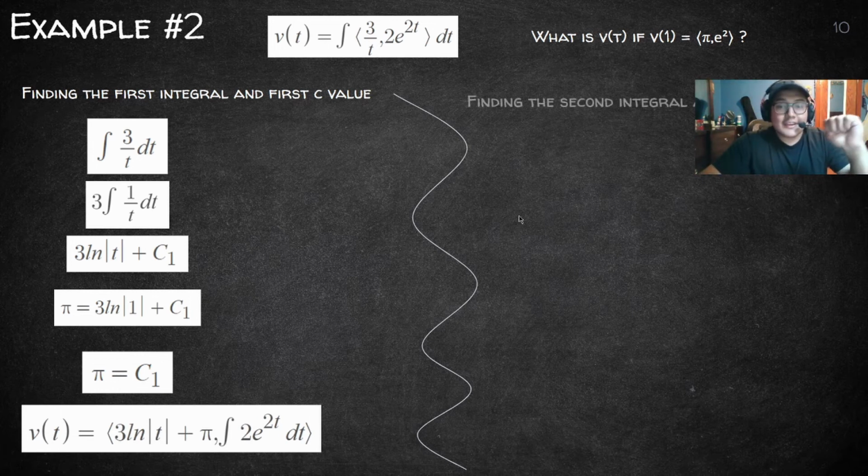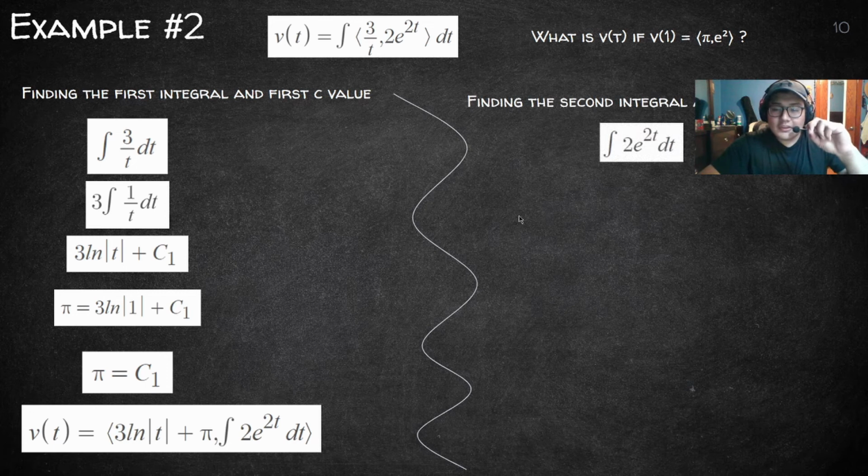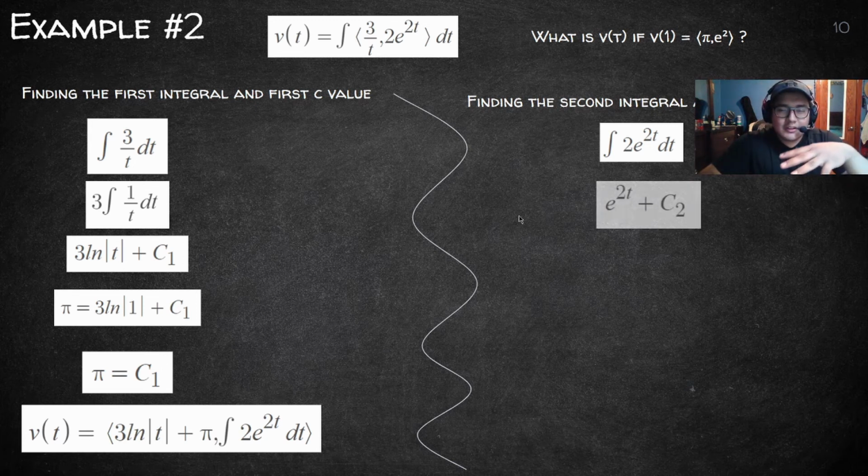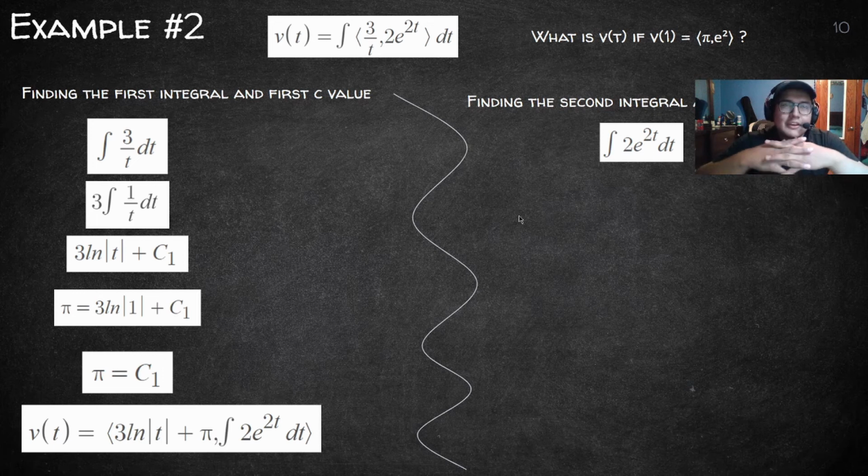Let's move on to the second integral. The integral of 2e to the 2t dt. I want to think about reversing it. If I were to take the derivative of 2e to the 2t, what would I get? Well, I would get 4e to the 2t. So if I go backwards, that means I would have a coefficient of just 1.